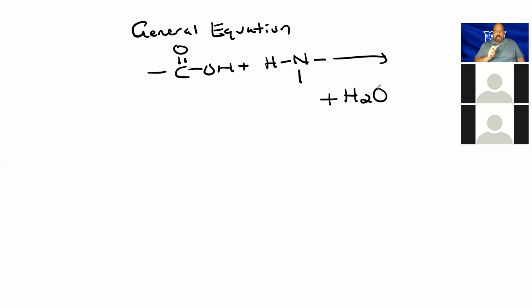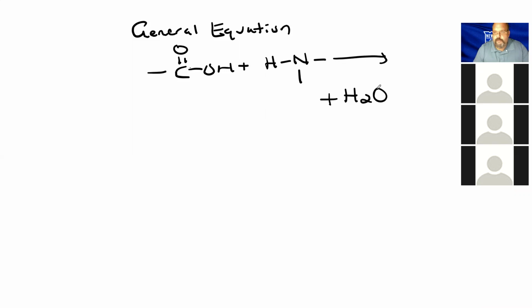And the requirement that the nitrogen has to have is that it's got to have a hydrogen attached to it. That's why your tertiary amines cannot be used. Because if you think about a tertiary amine, the 3 things attached to the nitrogen are all carbon groups. The nitrogen doesn't have a hydrogen. In order for the amide to form, the ammonia or the amine, the nitrogen, has to have a hydrogen.